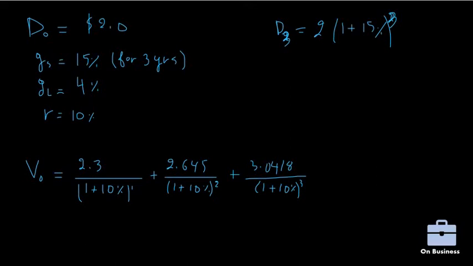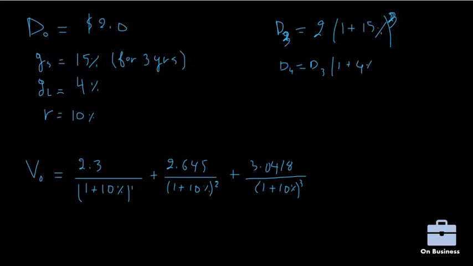Finally, we need to get the terminal value, which is the value of the perpetuity when we have stable long-term growth. And the formula for this, as I've said, is to get D4, and D4 would be D3, which is 3.0418, multiplied by 1 plus the long-term rate, and this is 4%.